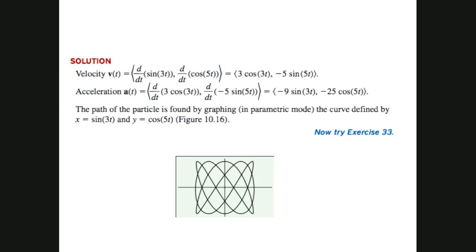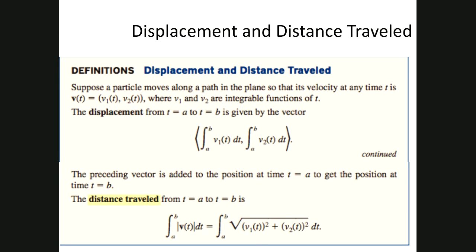All right, now, this is where it gets a little bit more complicated. Displacement and distance traveled, because they're always going to ask you for these things. I mean, it's too easy to ask for position, velocity, and acceleration. But if they ask you for the displacement and distance traveled, right? So take a look here.